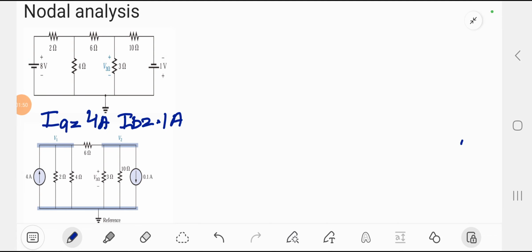Now we are going to apply nodal analysis. So here we got two nodes, V1 and V2. Let's solve node V1.